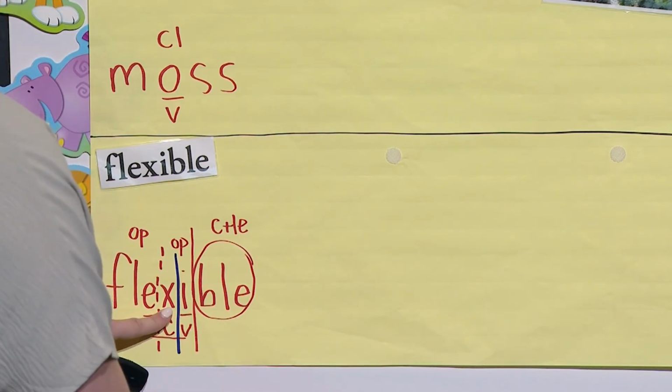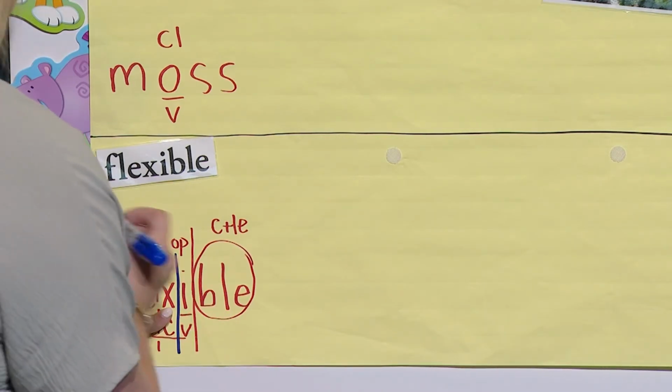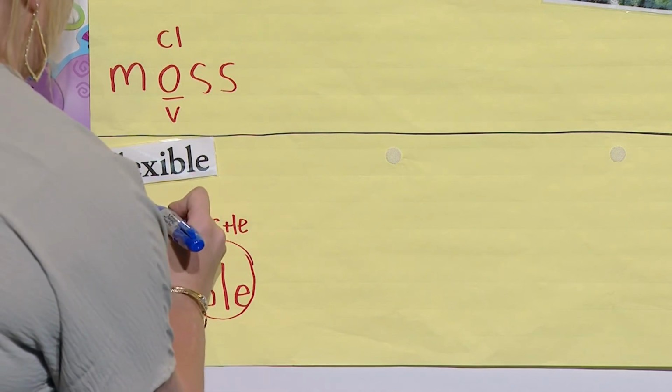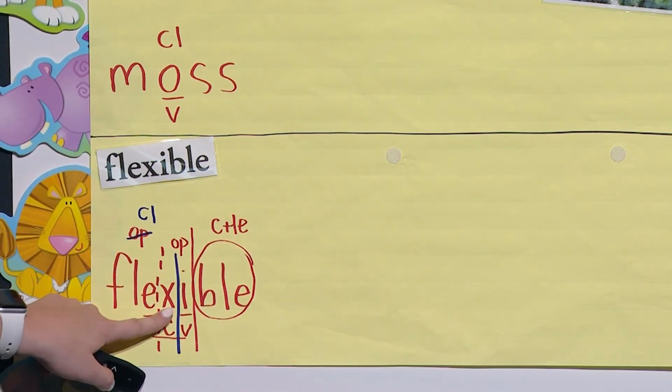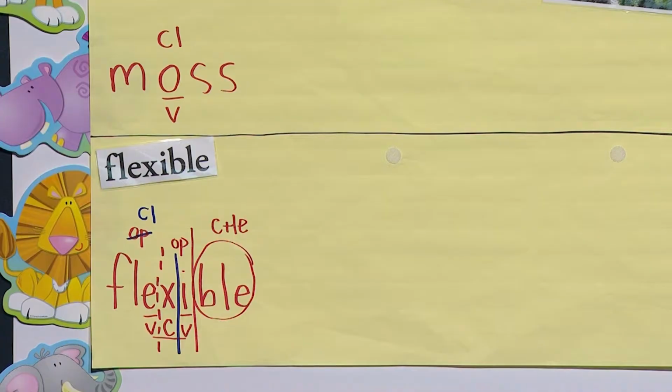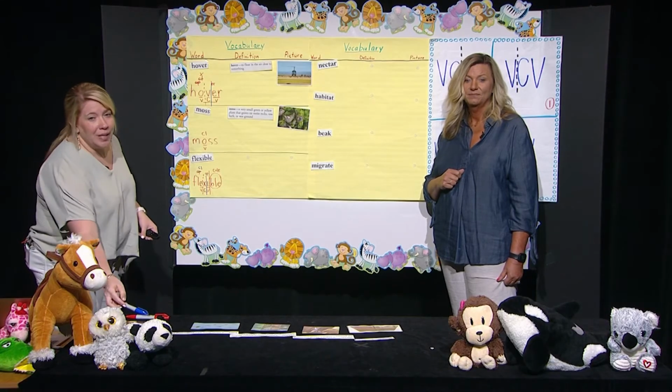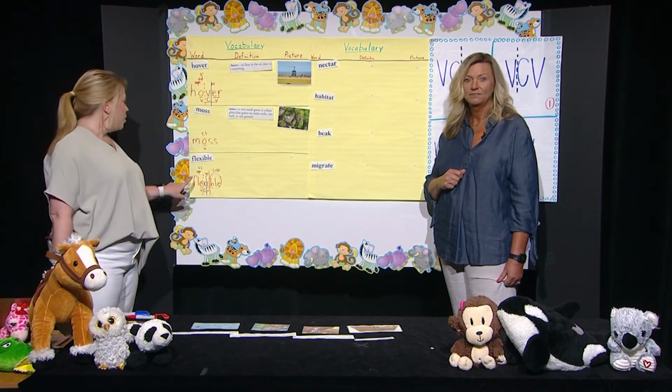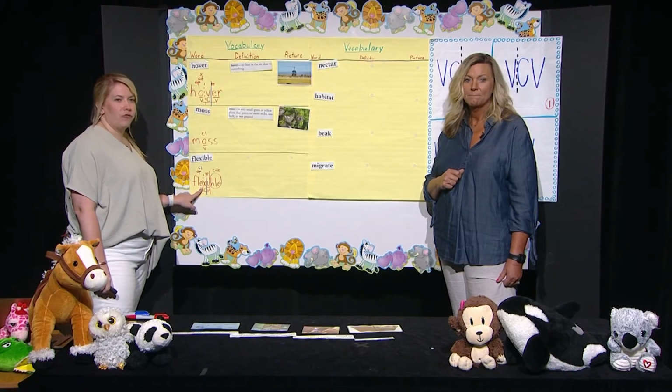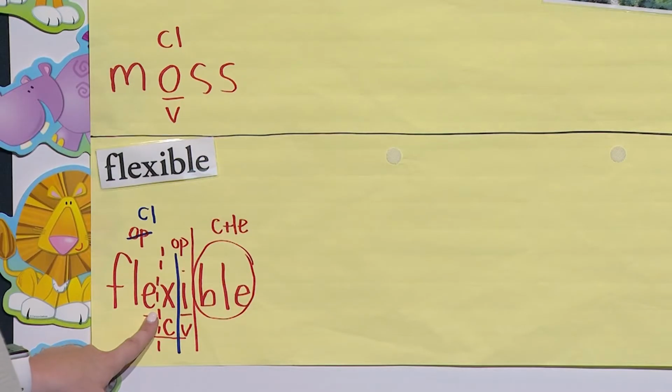This means our vowel will now make a short sound because it is a closed syllable. Great job! So let's try to blend our word again, making a short sound in our first syllable. Here we go. Flex, bull. Flexible.